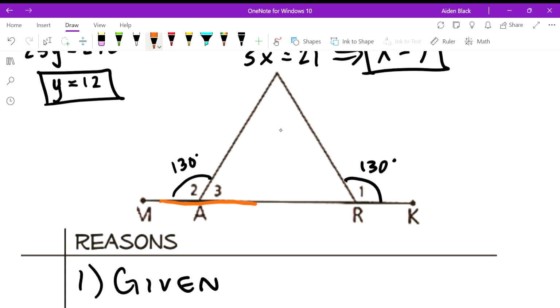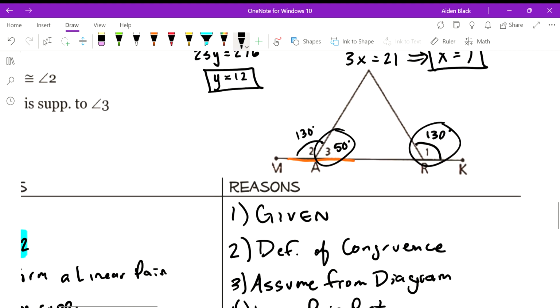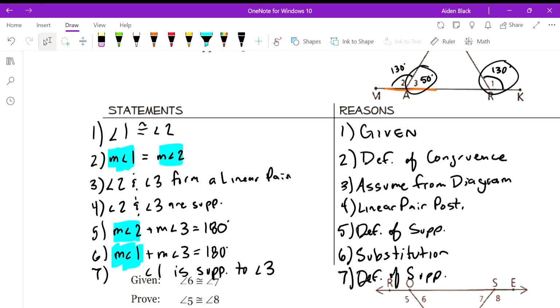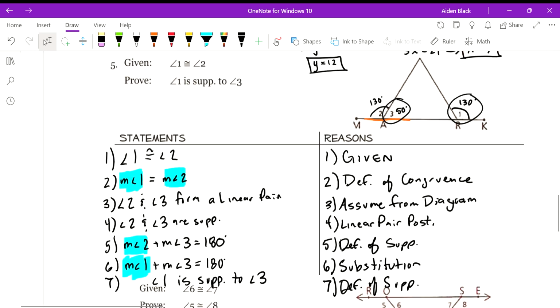But we also know from the diagram that these are a linear pair, so they're supplementary, so we know they add up to 180, making the measure of angle 3 to be 50. So the whole point is angle 3 is clearly supplementary to angle 1, right? Because 50 plus 130 equals 180. So those are just hypothetical numbers, but it's to point out that it is the case, no matter what those numbers are, that angle 1 is supplementary to angle 3, given the information we were given.